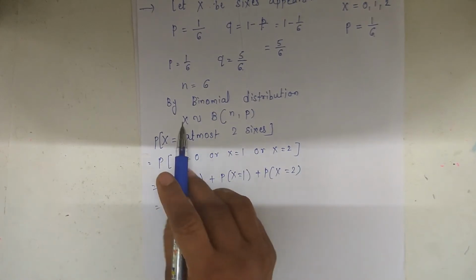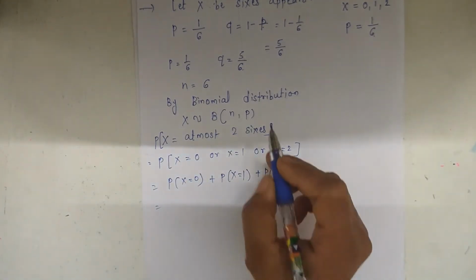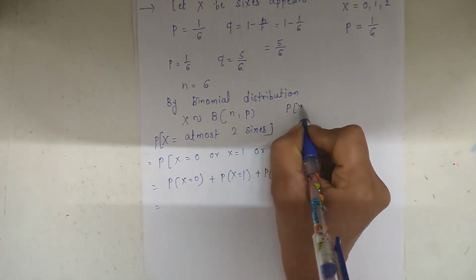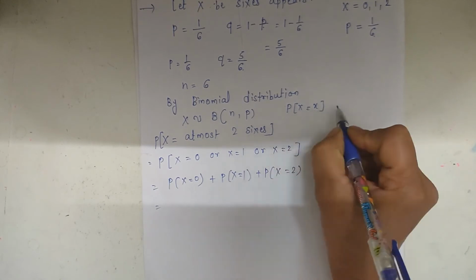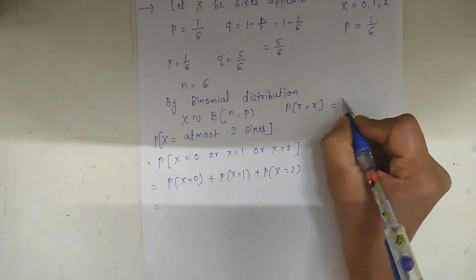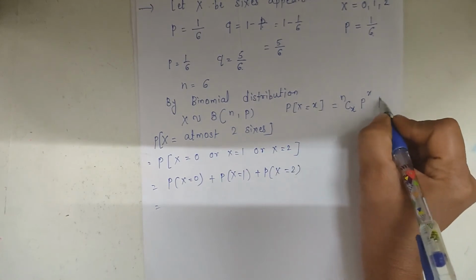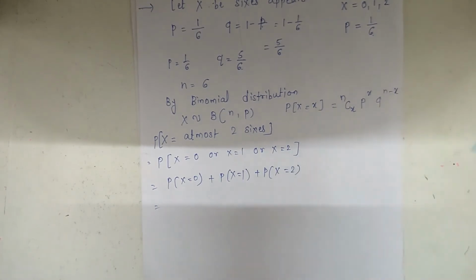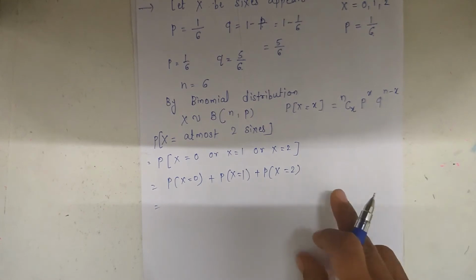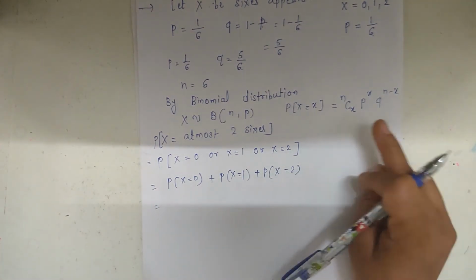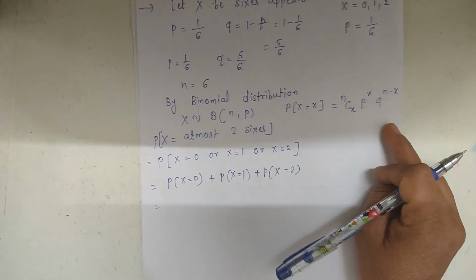We know the binomial distribution formula: the probability for x is nCx p raised to x into q raised to n minus x. And in this example n is equal to 6, p is equal to 1 by 6 and q is equal to 5 by 6.